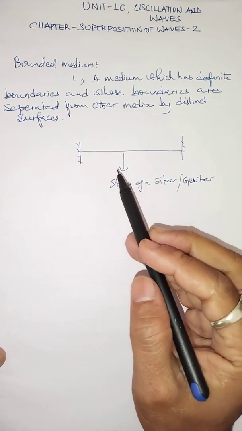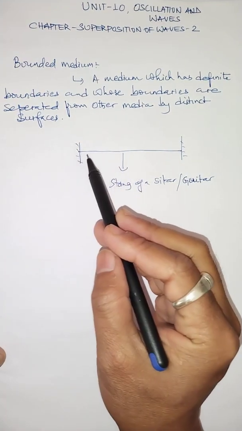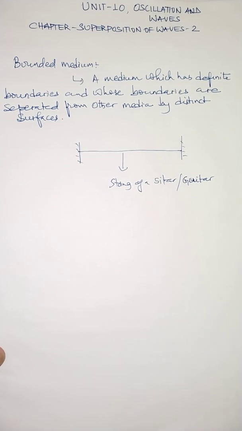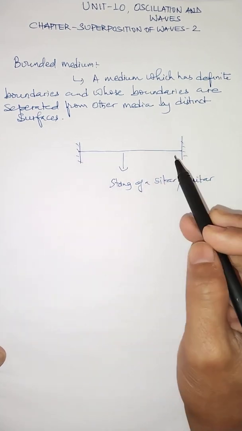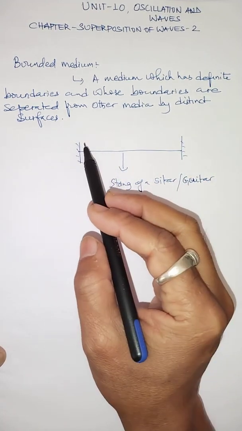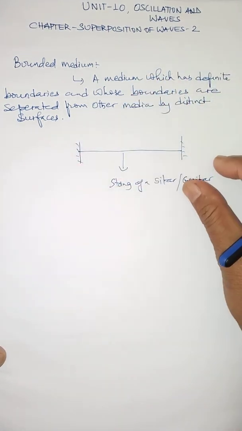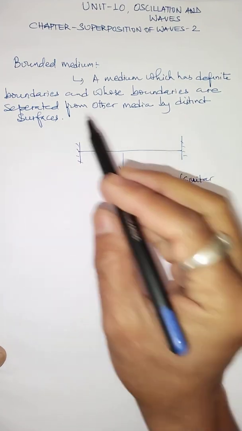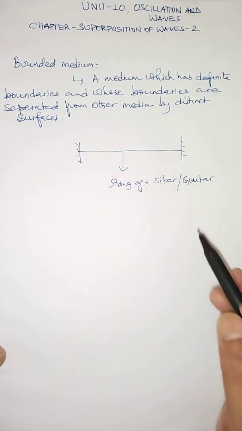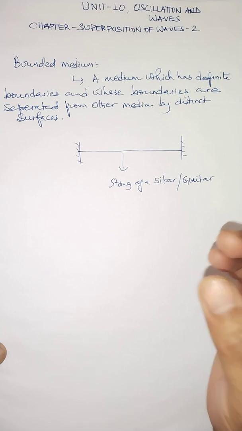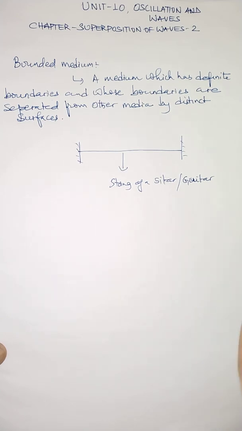The reason why this is an example of a bounded medium is that the string of a guitar or sitar can vibrate with definite frequencies and has definite boundaries. That means the boundaries are fixed, with two fixed ends, and these boundaries are separate from other media by a distinct surface. But there are other examples, like the air column of a flute which vibrates, and the membrane of a tabla, a leather instrument.